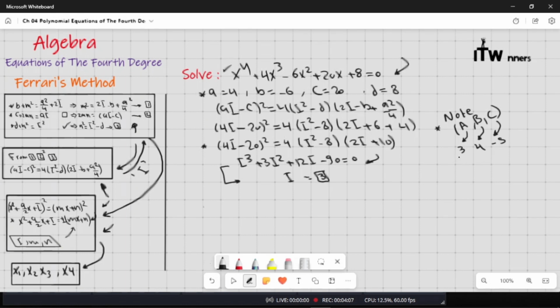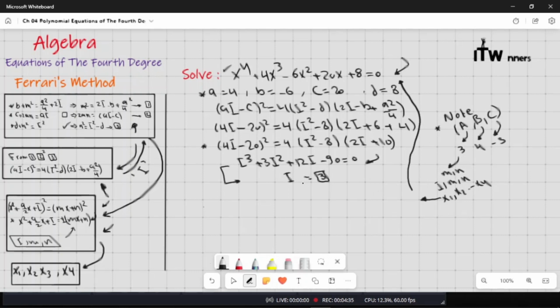Okay, we must perform our steps of m, n, and then with i, m, n to obtain x1, x2 to x4. Okay, and we must make sure that these roots are the roots of this equation.